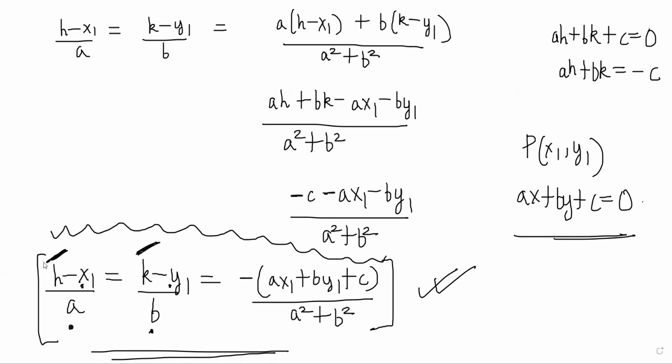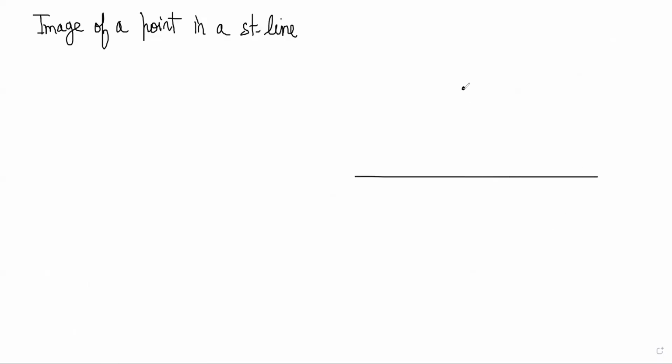Okay. The next thing that I want to talk about is image of a point in a straight line. So basically here, the straight line equation is given, and you have a point again here, x1 comma y1. But now you have to not find foot of the perpendicular, you have to find the reflection here, the Q point, right?